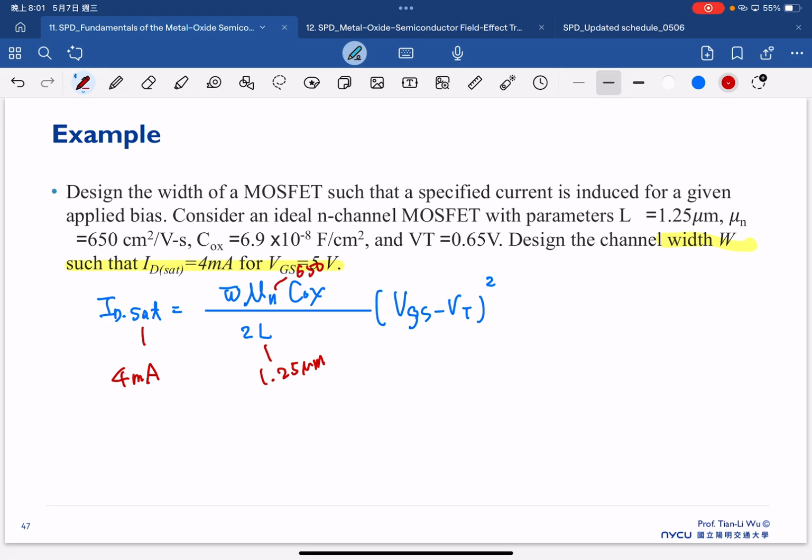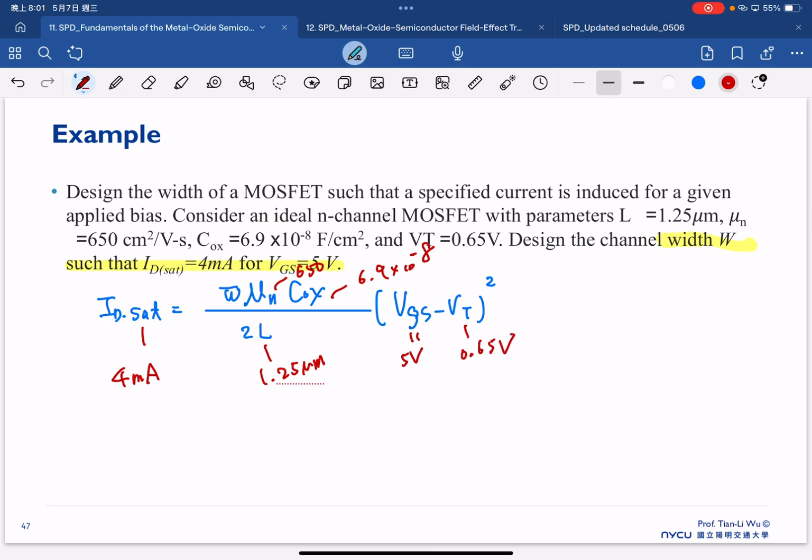We have a Cox of 6.9 times 10 to the minus 8, and we want to bias this at 5 volt, and the threshold voltage is equal to 0.65 volt.